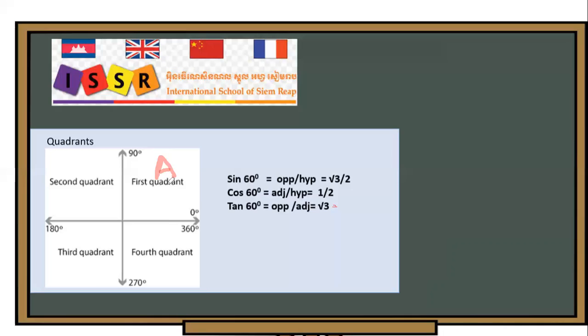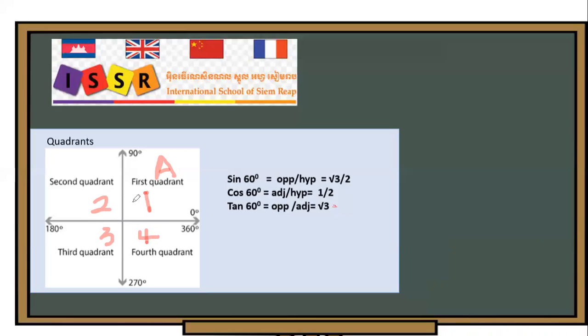Understood? Usually this is the first quadrant, and then we go to the second quadrant, then this is the third, and this is the fourth quadrant. The word quad means four, isn't it? So we have divided the complete rotation into four parts.